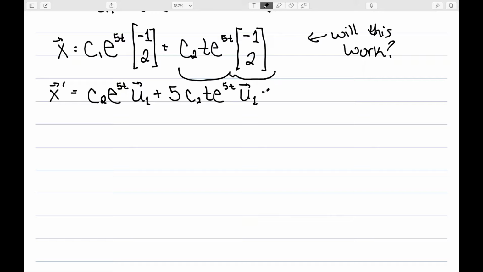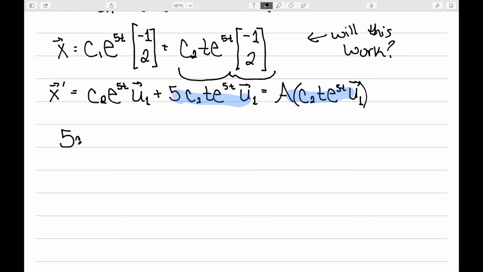And according to my differential equation, this should be equal to A times x. So A times c2 t e to the 5t times u1. Well, I'm going to go ahead and equate things. You'll notice that both this term here and this one over here have a t in them, so they should be equal to each other.